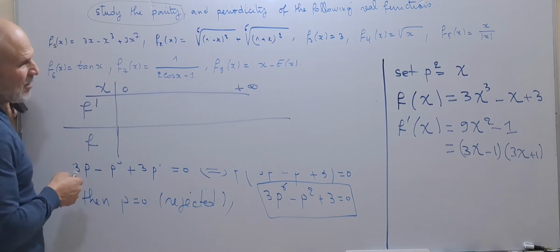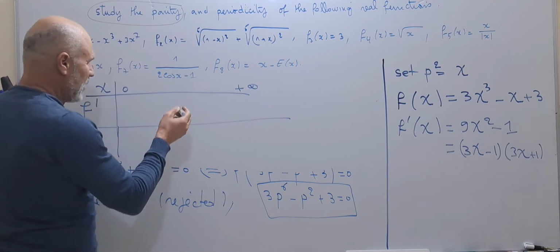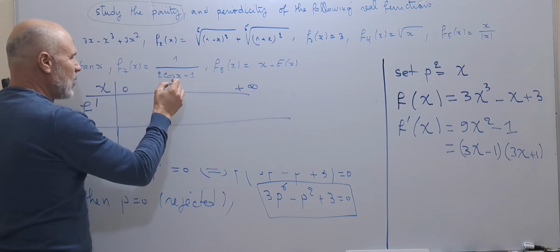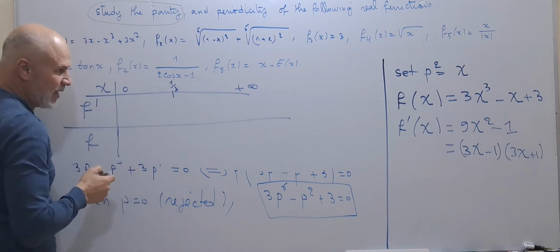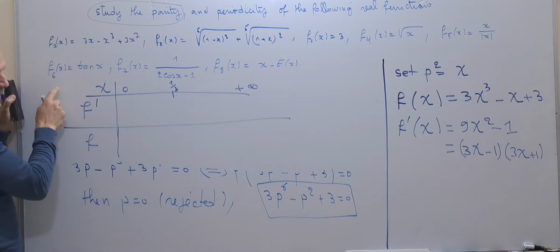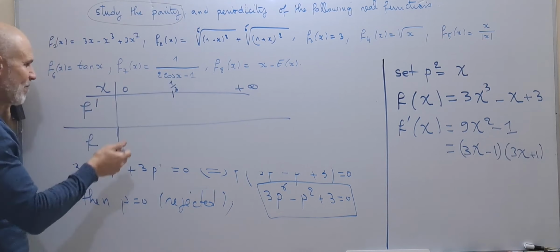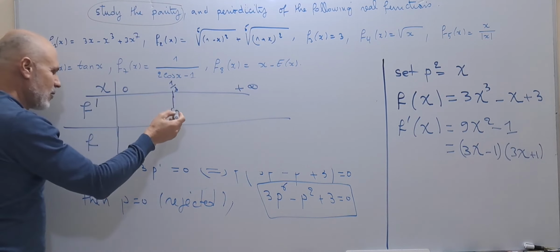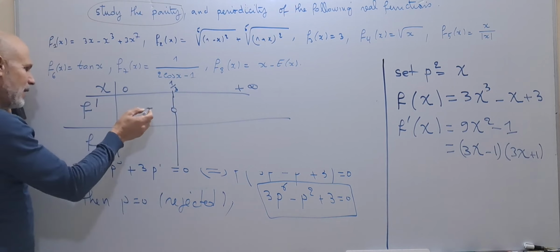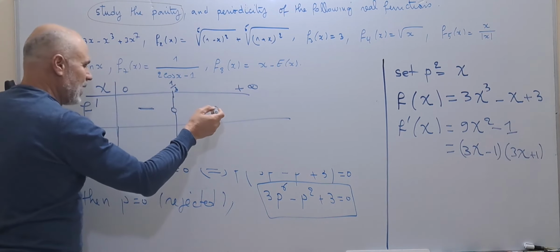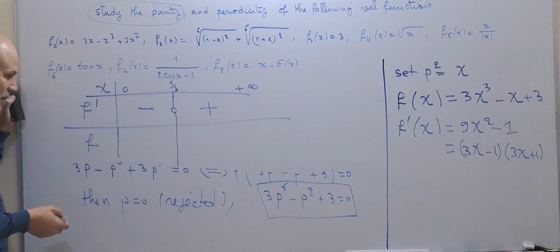The solutions are chi equal to 1 over 3 and minus 1 over 3, but we reject this one since chi equals P squared. Here it is equal to 0, in this interval it is negative, and in this interval it is positive.